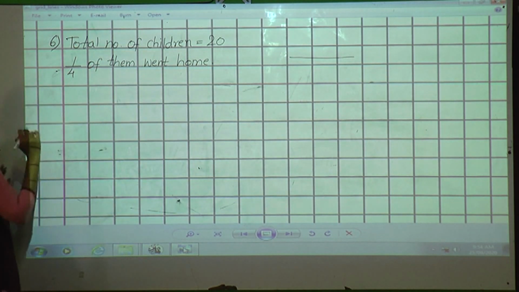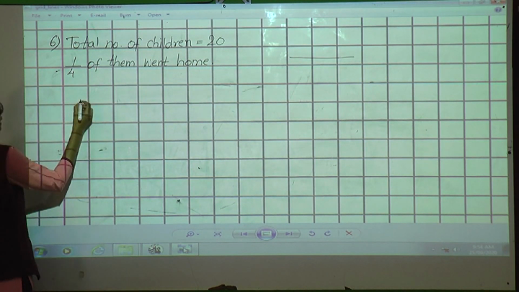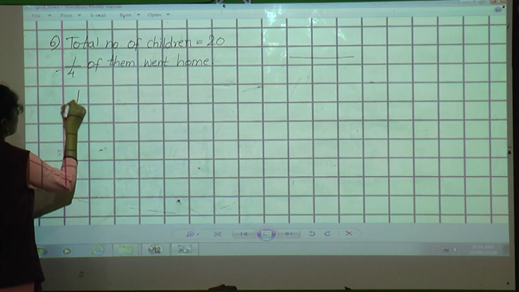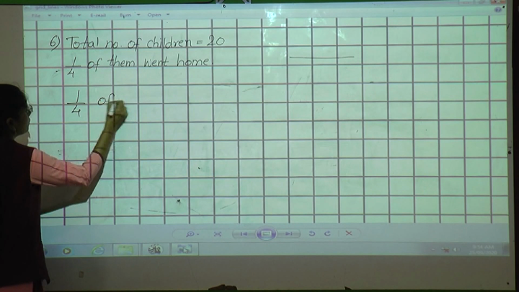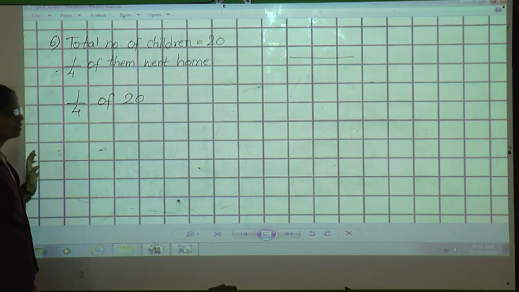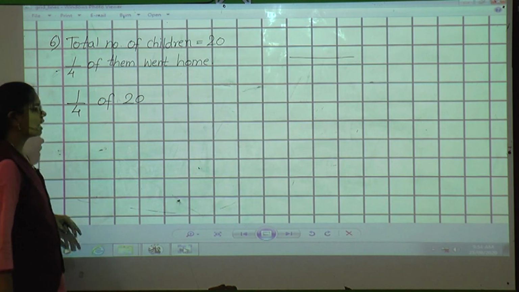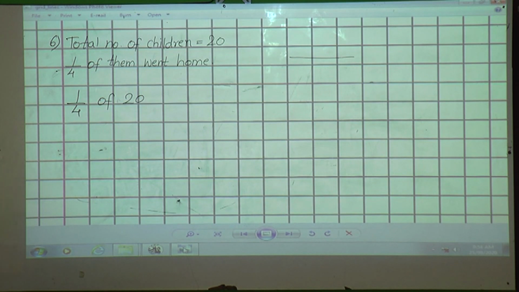Okay, now 1/4 of them means what? 1/4 of 20. So here 1/4 of 20. Now you can solve this type of example. How will you solve this? Yes, 1/4 of 20 means what?